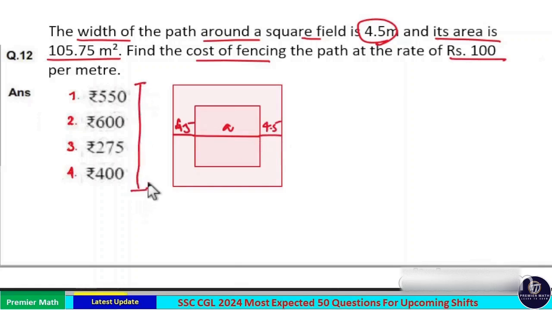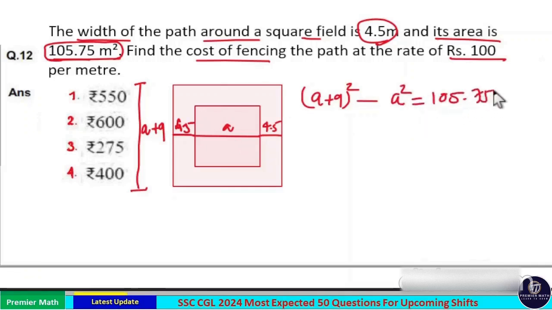Now the side length of this larger square is equal to a plus 4.5 plus 4.5, that is a plus 9. And here the area of the path is given, that is larger square minus smaller square is the area of the path. Larger square area is equal to a plus 9 whole square minus smaller square area a square, which is 105.75, the path area.